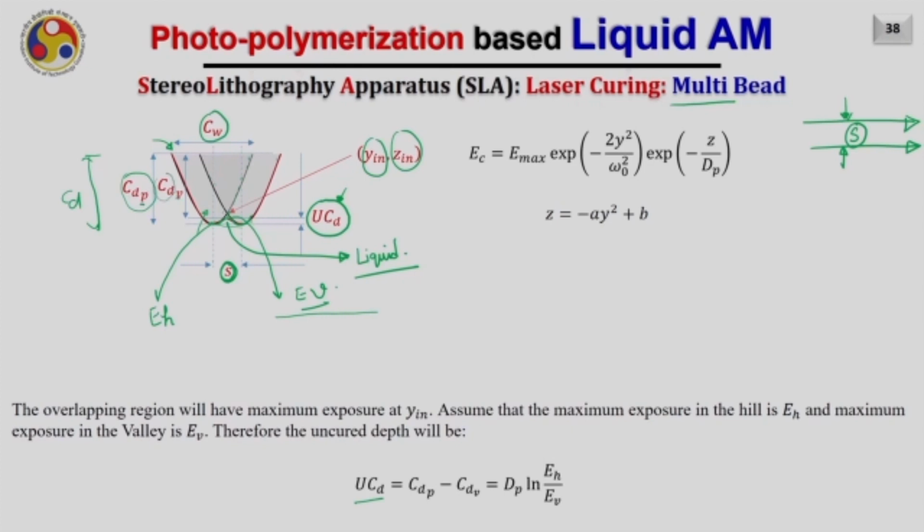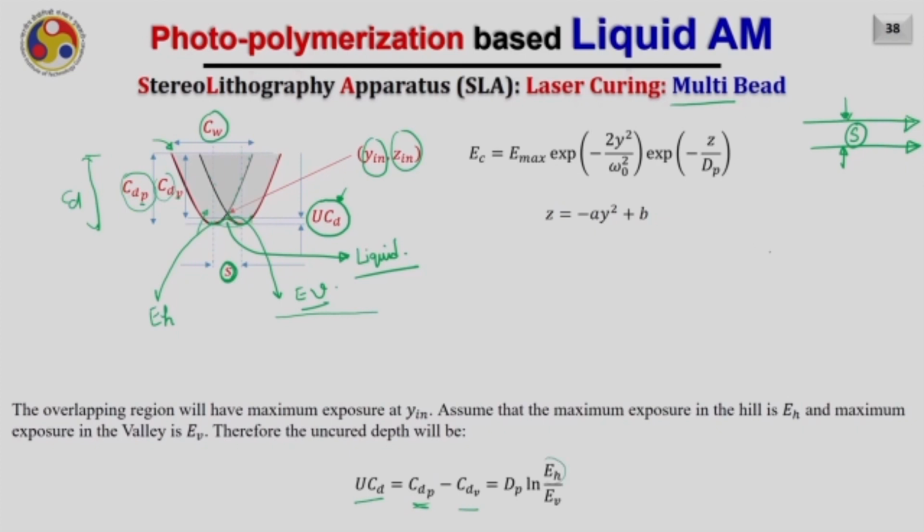Valley means up to here, meaning CDP minus CDV. And of course now you can put these values. So for example, the energy you are giving in the hill is represented by EH, so you know the formula.